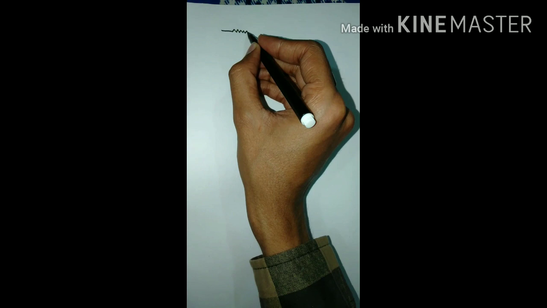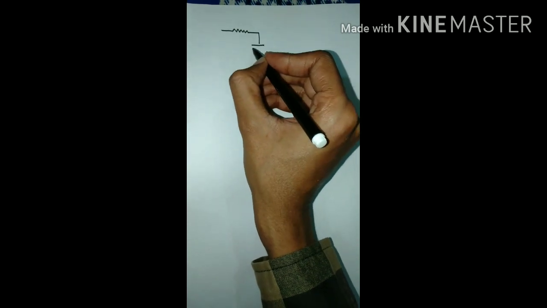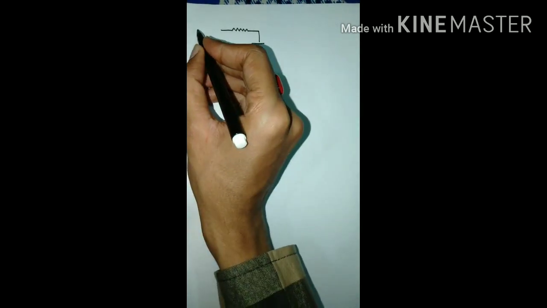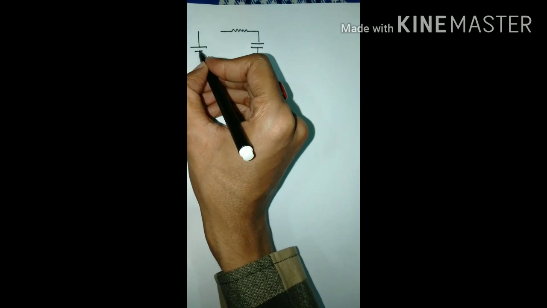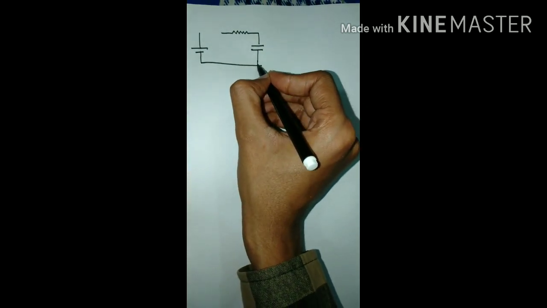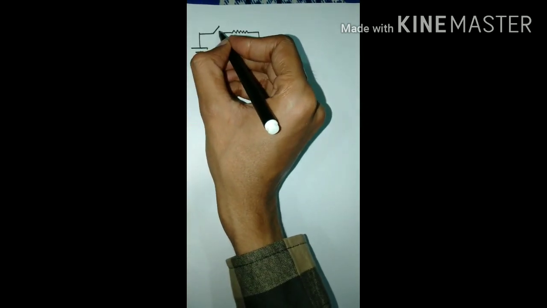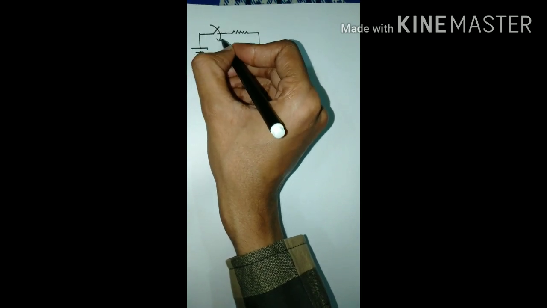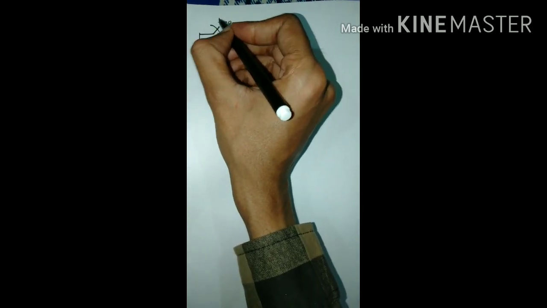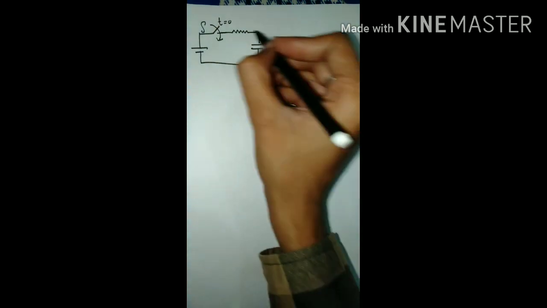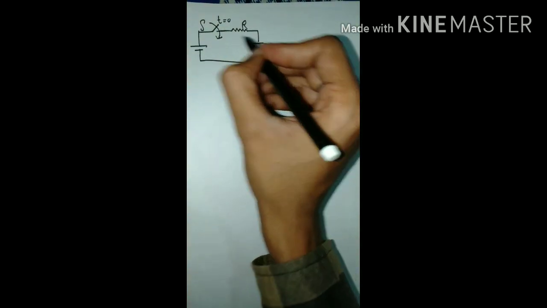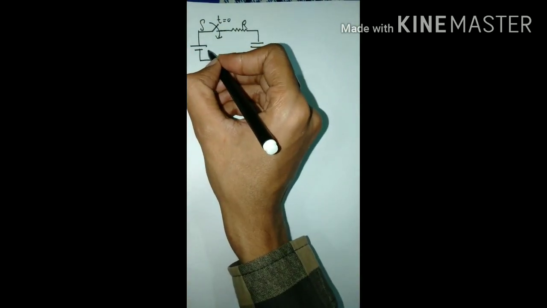Resistor R is connected in series with 10 volt supply through switch S. Switch is closed at t equal to 0. Battery having 10 volt.